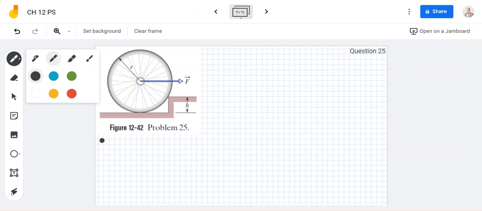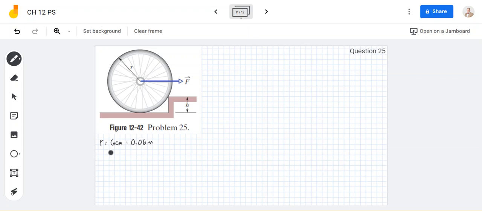It says that the radius here is equal to, now it says 6 centimeters. We know that that's 0.06 meters.